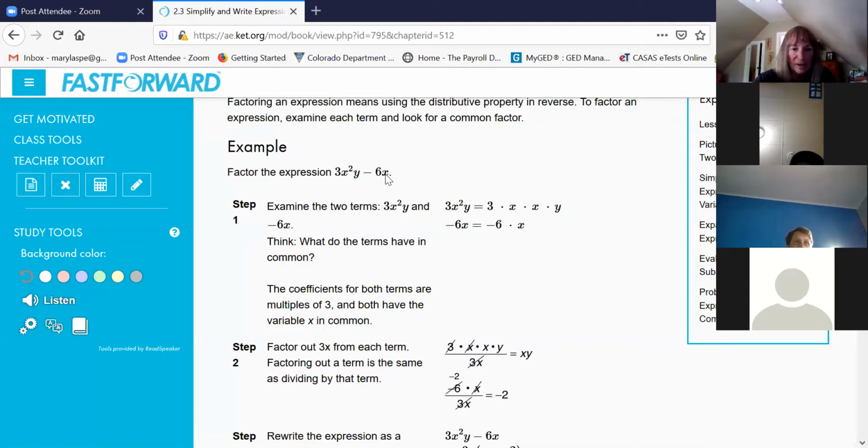This has plain old x, and this has x times x. So we can actually factor out the 3 and an x. If you take 3x squared y and divide it by 3 times x, what you have left is an x times y. If you take 6x and divide it by 3x, you end up with 2.